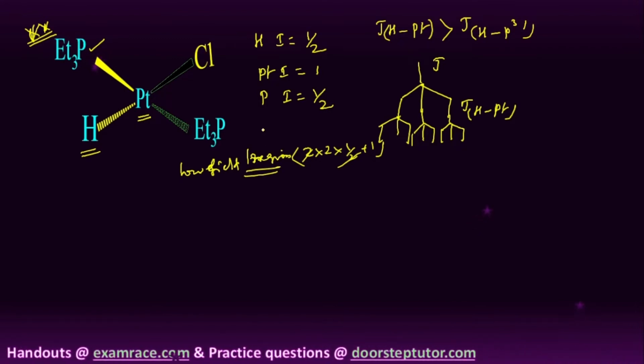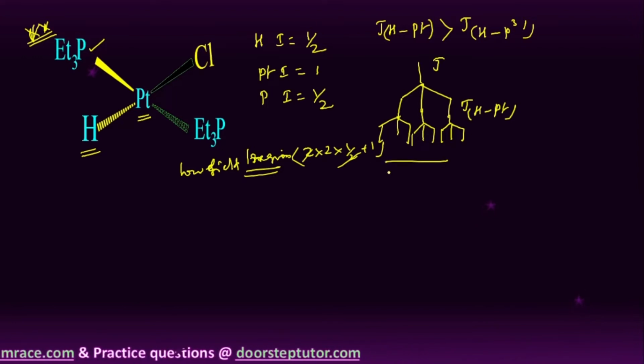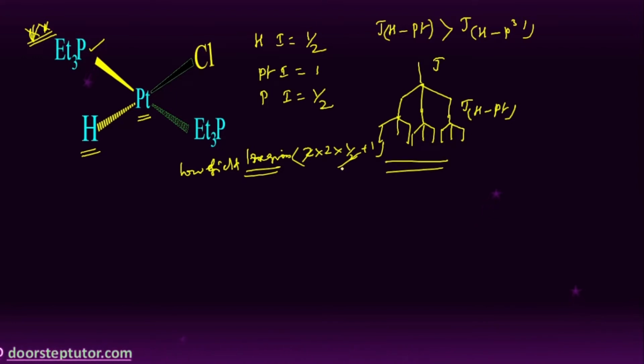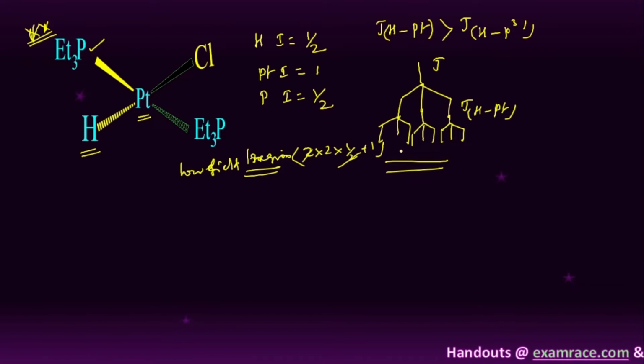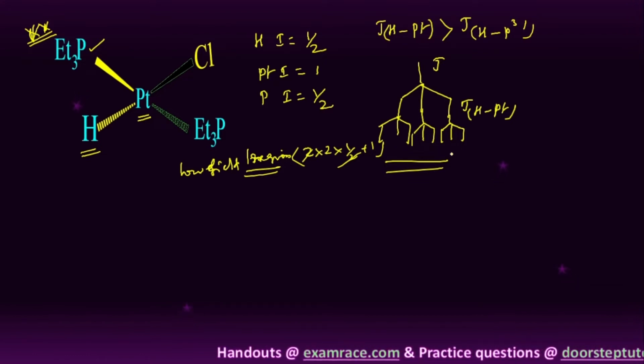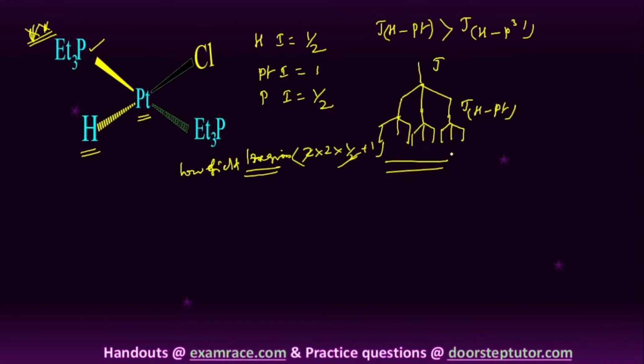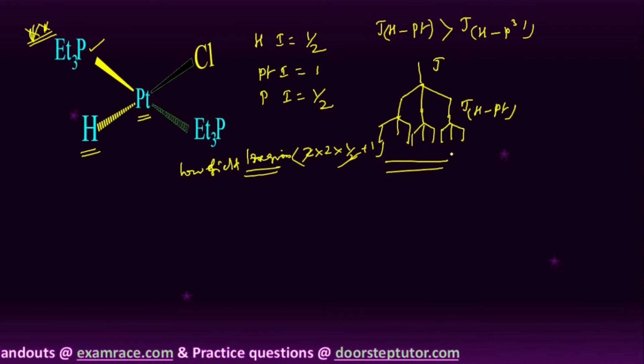So this is the NMR spectrum of this platinum bis-diethylphosphine chloro metal complex. It gives a triplet of triplet of triplet, that means we can simply say it gives a multiplet in NMR spectroscopy. Clear, students? Next we will move to the example.